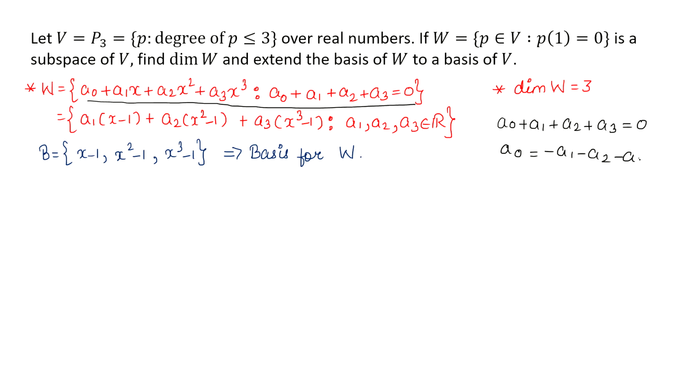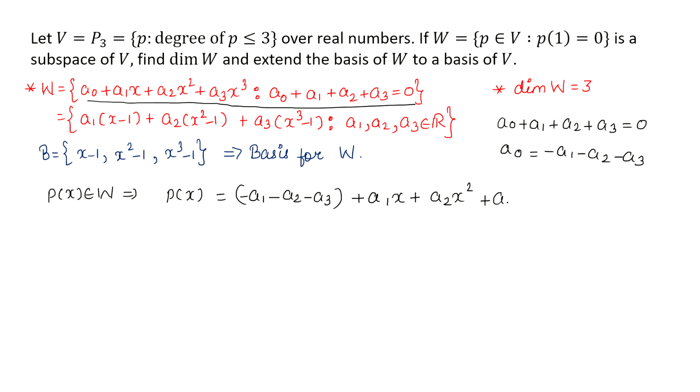minus a2 minus a3. And therefore, if p of x is any element of W, this implies that p of x looks like minus a1 minus a2 minus a3 plus a1x plus a2x square plus a3x cube. Right? So basically the constant term of the polynomial depends upon the coefficients of x, x square and x cube.